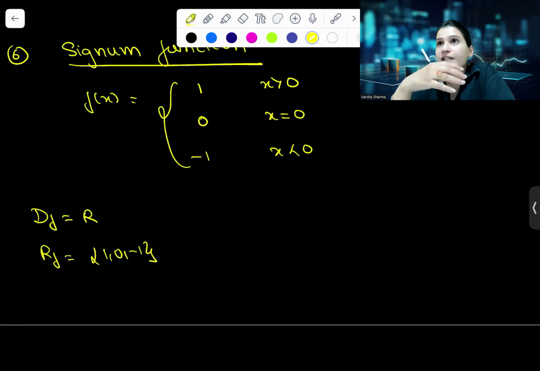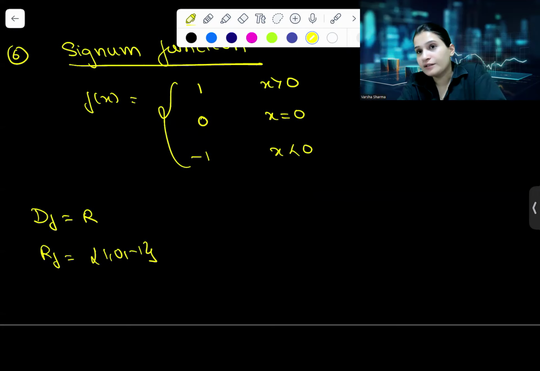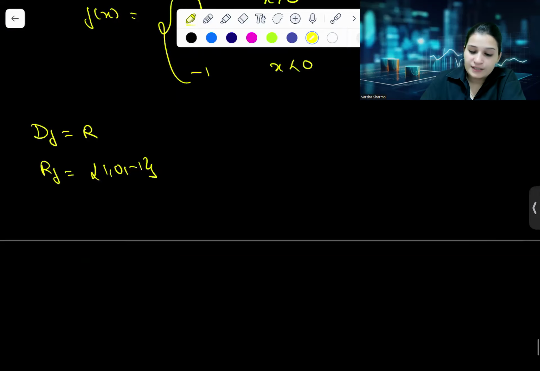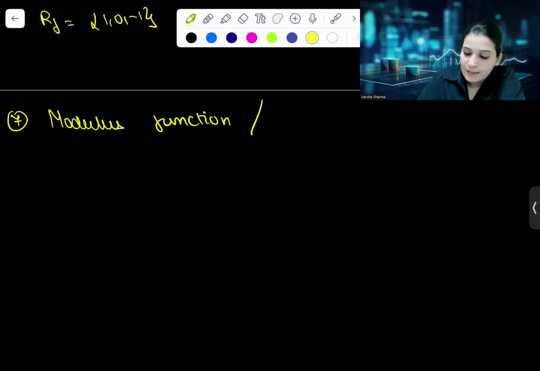Clear? So till now, the questions that we have are usually MCQs and theory. Now we will do a very important variety, extremely important, right? That's modulus. Modulus function or absolute value function.